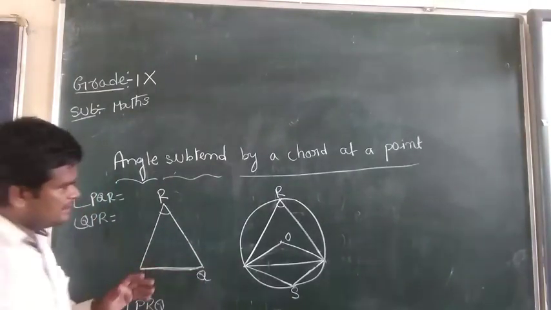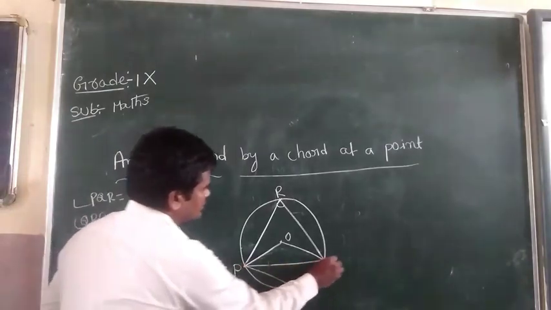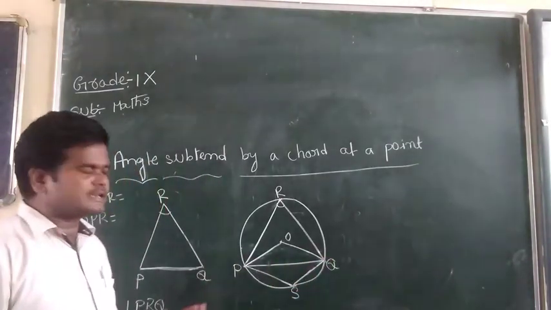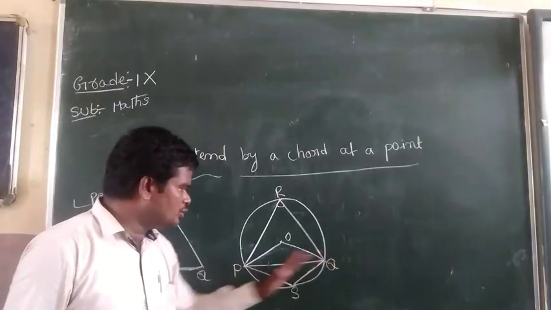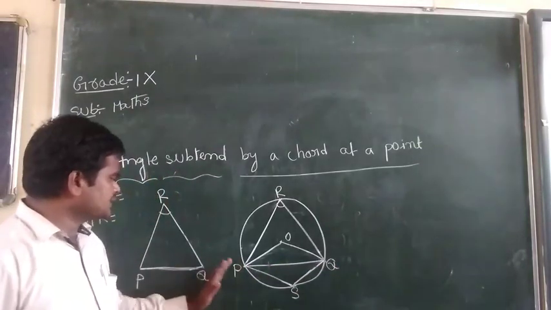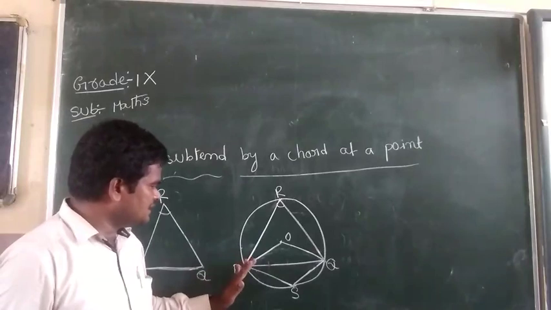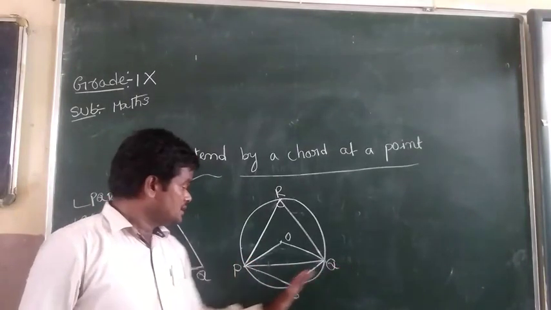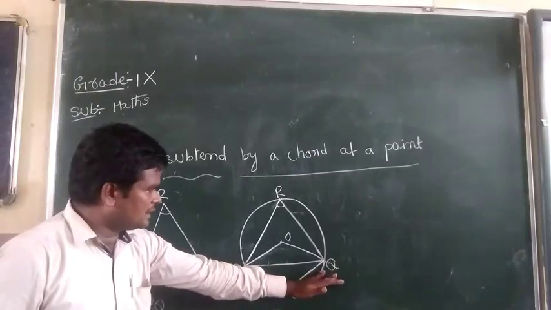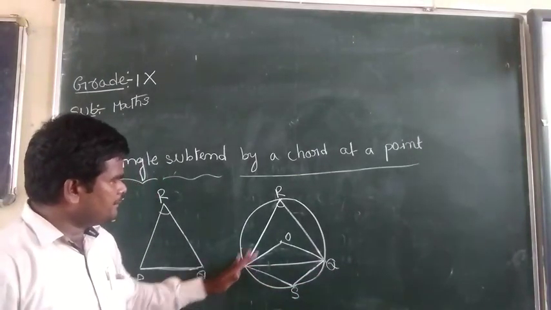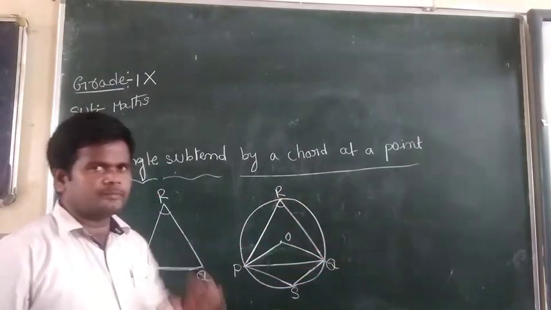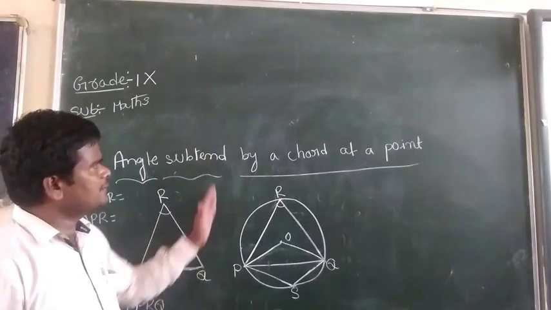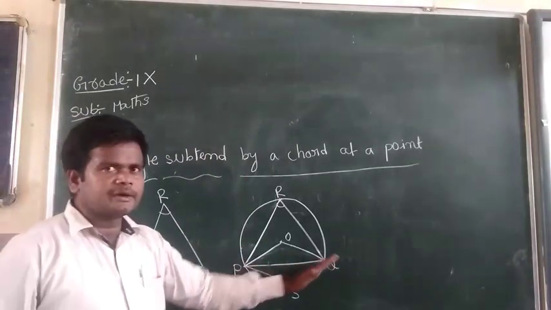The same here with PQ. You are taking this line segment inside the circle. So what is PQ? This line segment in a circle, PQ, is a chord. Here angle PRQ is the subtended angle by the chord PQ.